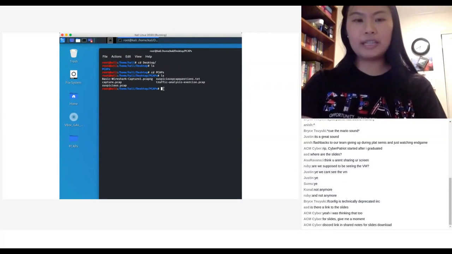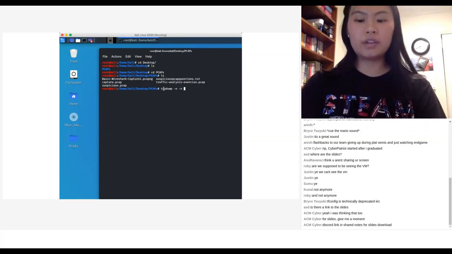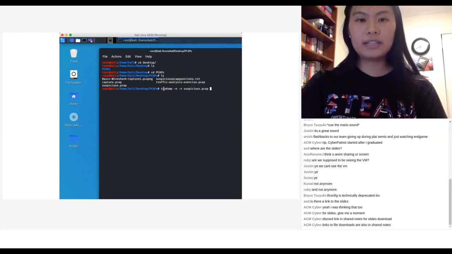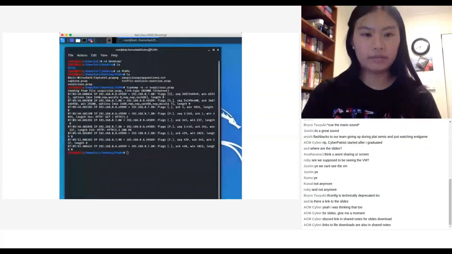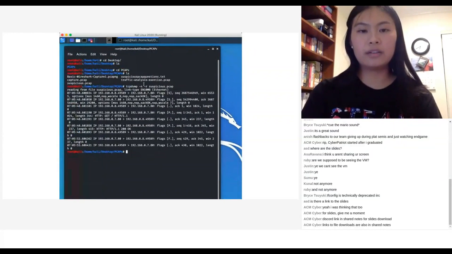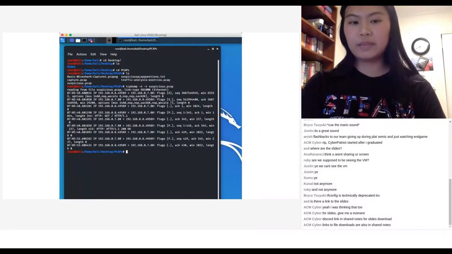You do tcpdump, and because I don't like the hostname resolution, I'm going to use -n and -r, which is reading the suspicious.pcap. It reads the existing packet capture over here. So this is how you read it. That's all I'm going to go over for tcpdump.